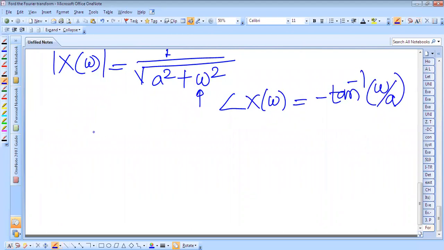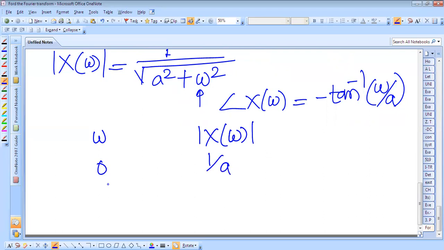Now suppose omega, and we'll find X of omega magnitude. When you put here omega is equal to 0, what we'll get here? We'll get here 1 over a. And if you calculate, suppose minus infinity, we'll get 0, and at plus infinity we'll get also 0. So this is the magnitude plot.